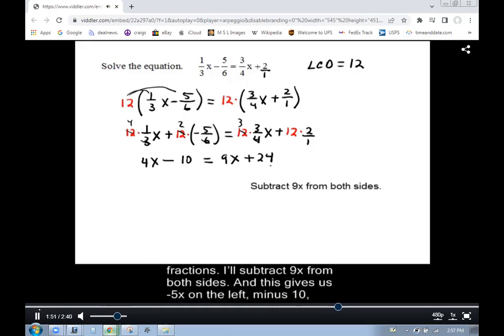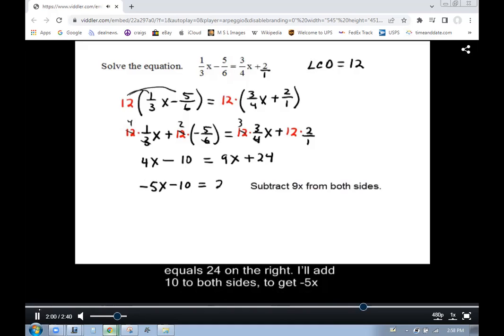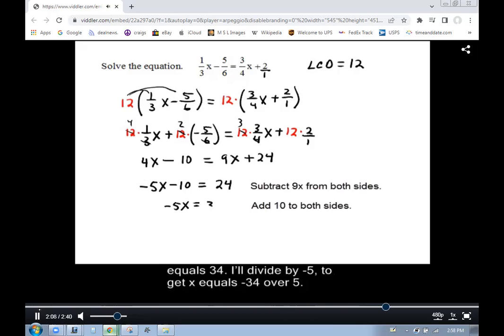I'll subtract 9x from both sides, and this gives us negative 5x on the left minus 10 equals 24 on the right. I'll add 10 to both sides to get negative 5x equals 34.